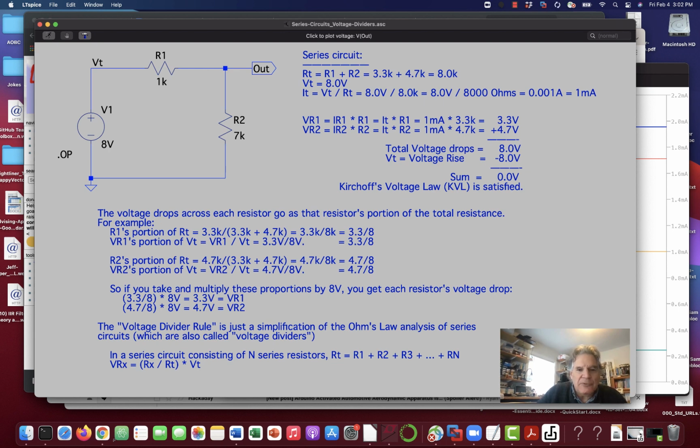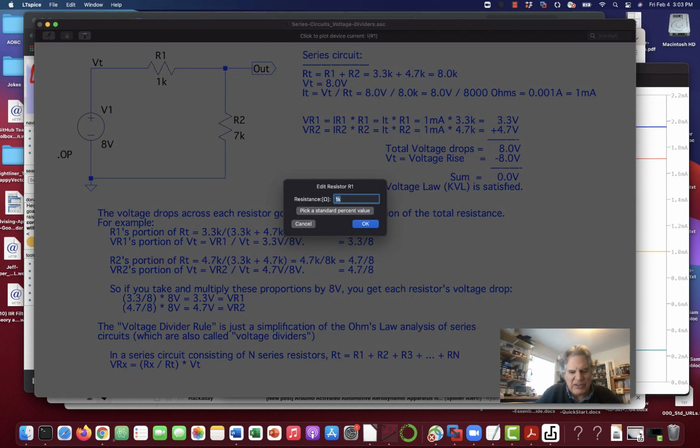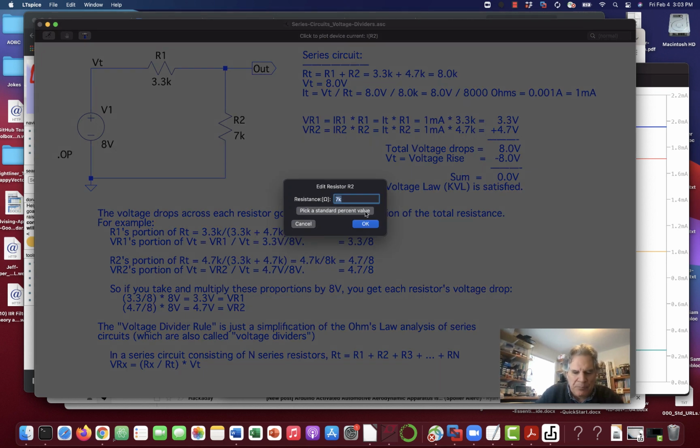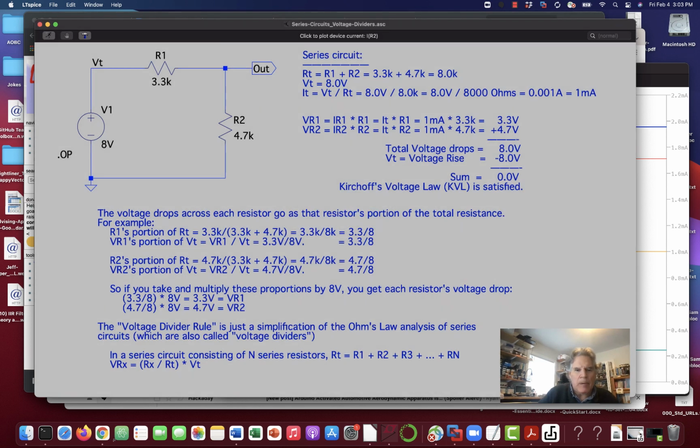There could be 5 resistors in here to make a series circuit. So you pick out the one you want, and it's just like I said, it's a simplification. It's nothing mysterious. But the voltage divider rule is good to remember in practice because you should be able to look at a series circuit and just say, oh, there's a bigger resistance, that's going to have more voltage.